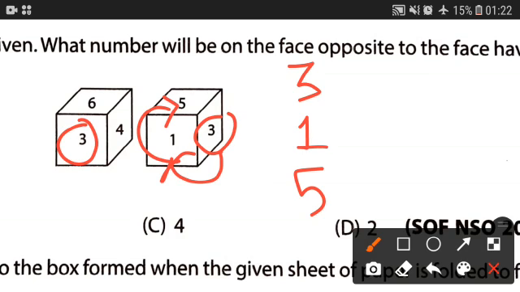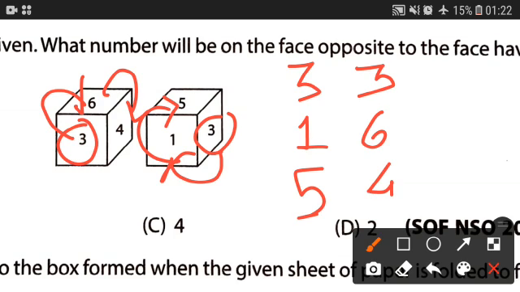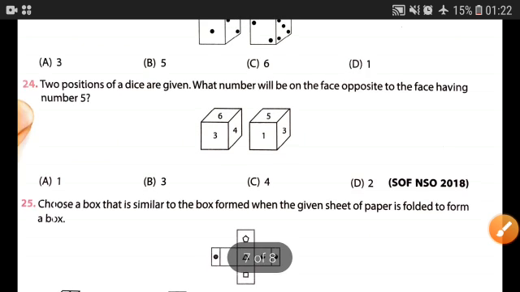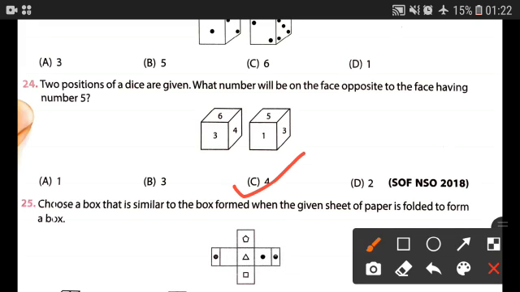After 1 we have 5. Same thing, 3, then 6. 3 will be written as it is, then 6, then 4. So from here this 4 and 5 are opposite. So the opposite of 5 will be 4. Option C will be the correct answer.